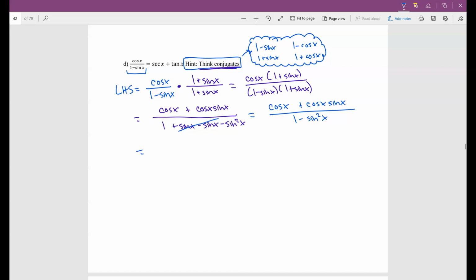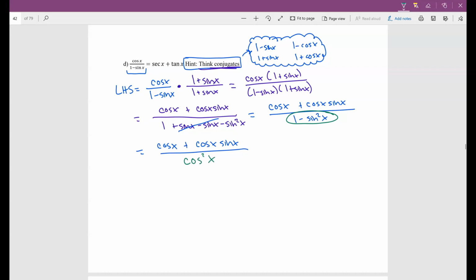Notice that in the bottom, I can just use the Pythagorean identity because that guy is just cosine squared x. You're going to have cosine of x plus cosine x sine x divided by this bottom part right here, which is just equal to cosine squared x.